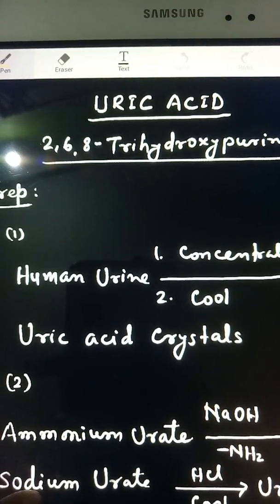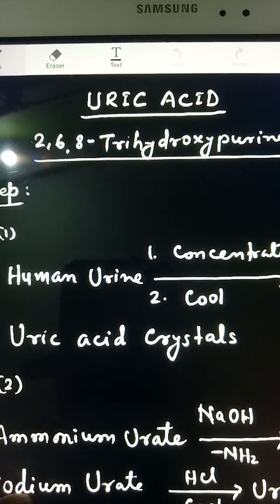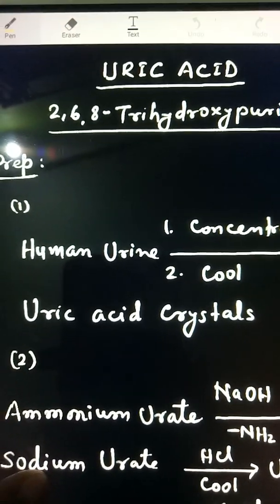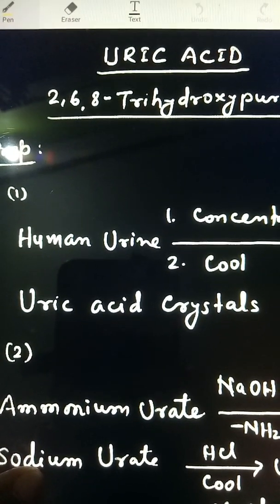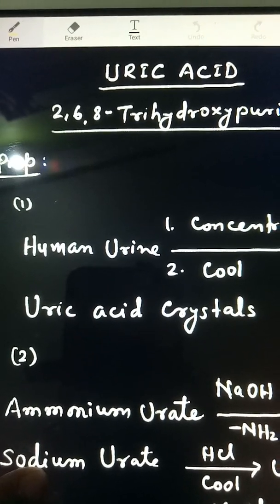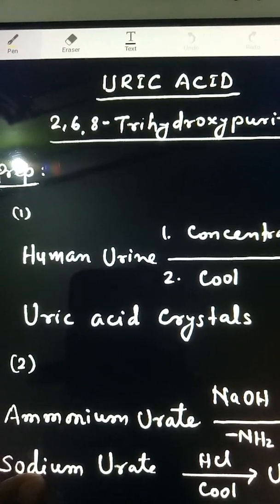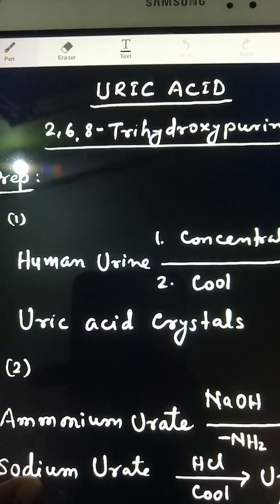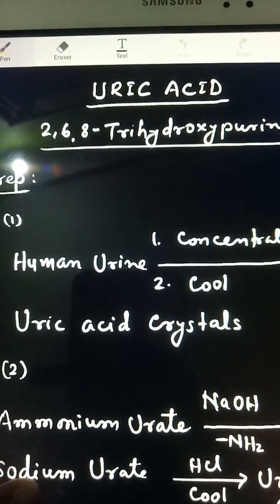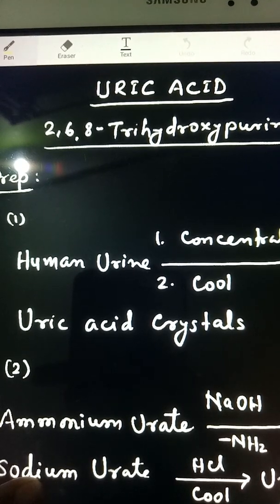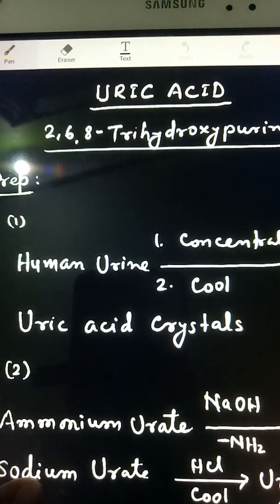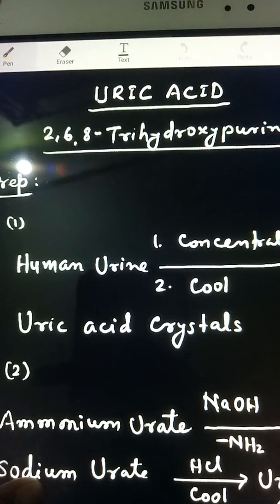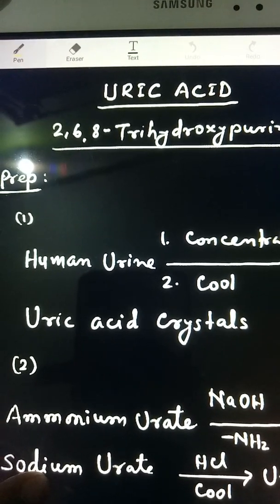Now another name of uric acid is 2,6,8-trihydroxypurine. Now isolations of uric acid. Uric acid may be isolated from human urine by concentrating it with hydrochloric acid. The crystals of uric acid separate out on cooling.